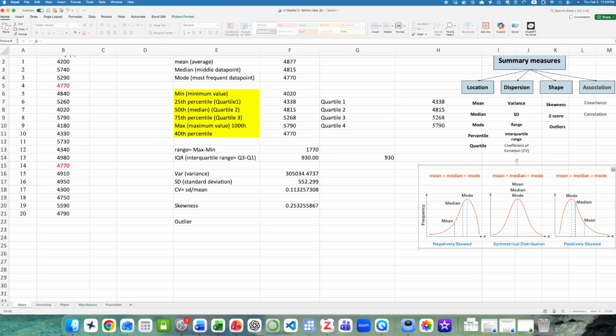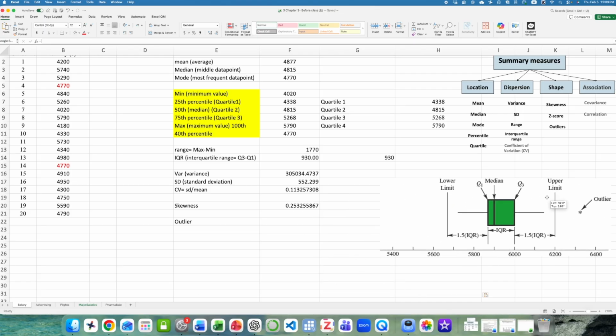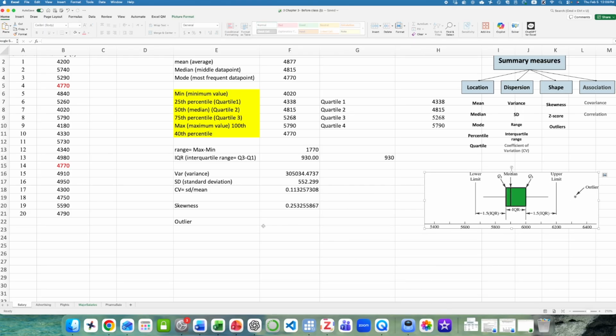Another measure is the outliers. In order to understand the outliers, we need the concept of box plot, and we need to use the interquartile range measure. So this is the concept of box plot for identifying the outliers. We have a range of the data from minimum to maximum.